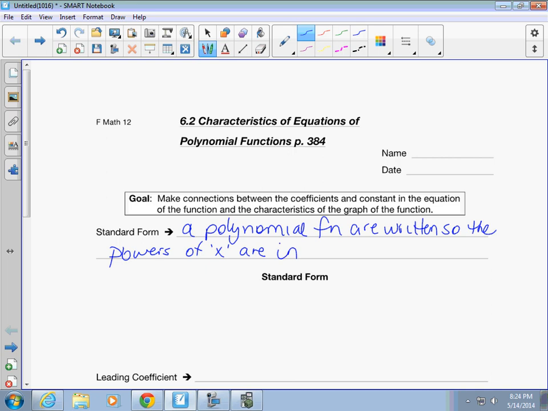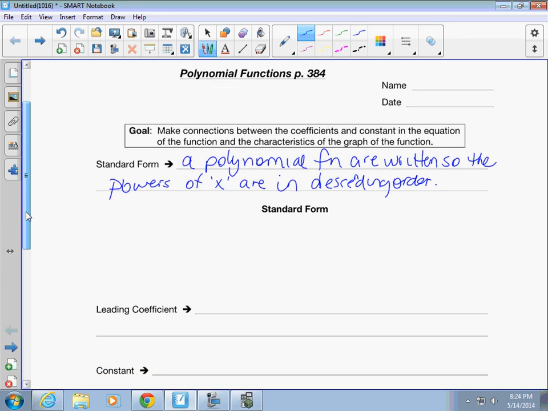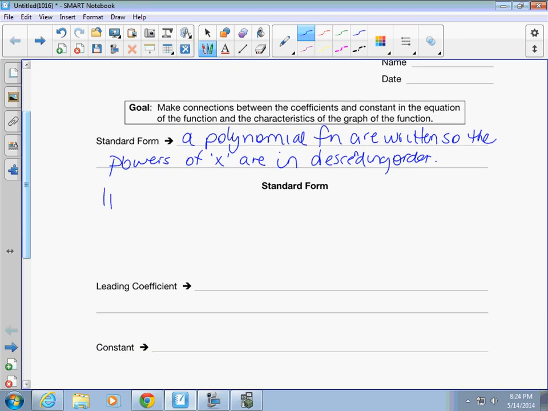So they always go from the highest power to the lowest power. So standard form then for the different, there are three different equations that we're looking at. So linear would be f of x is equal to ax plus b, and a can't be equal to 0.